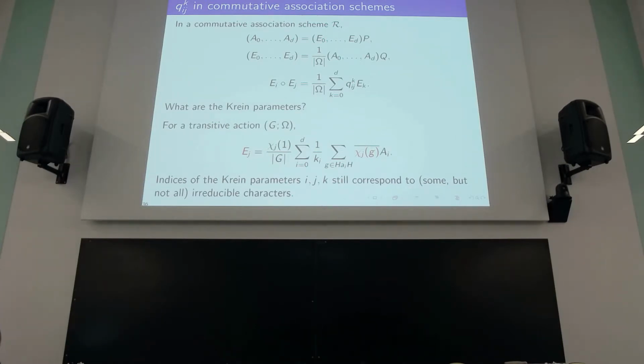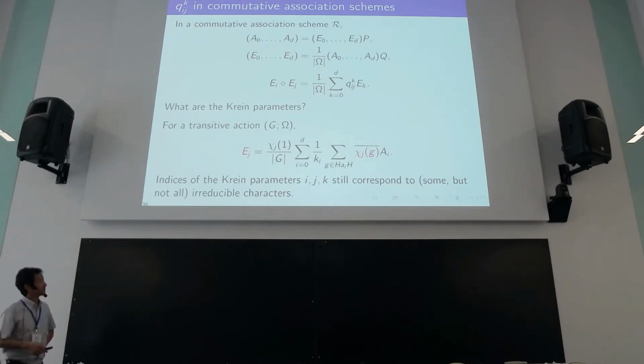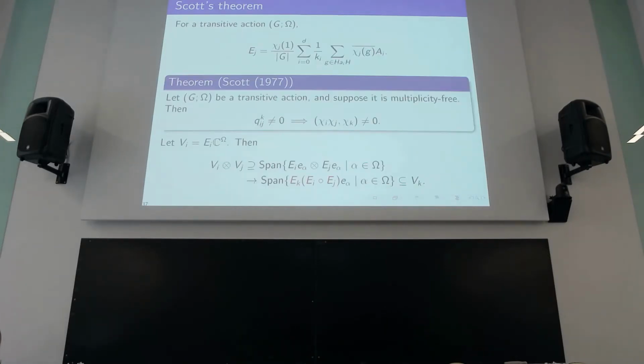So the point is that the indices of these Krein parameters, the i, j, k, which appear in the expansion, are the same as the indices appearing in the primitive idempotents, which are part of the indices of the irreducible characters. So it's natural to expect some relation between Krein parameters and irreducible characters. That is partially explained by a theorem due to Leonard and Scott.